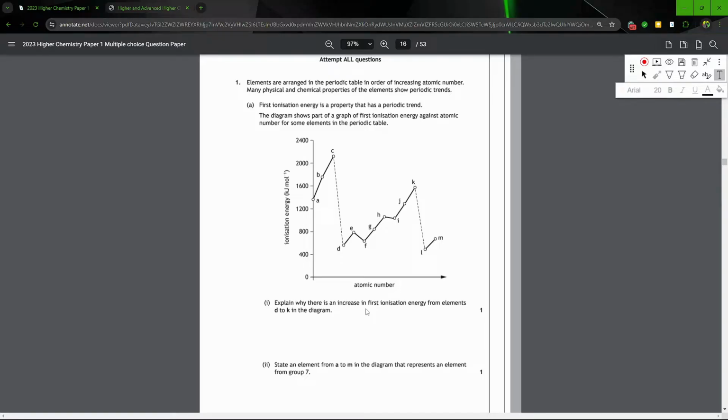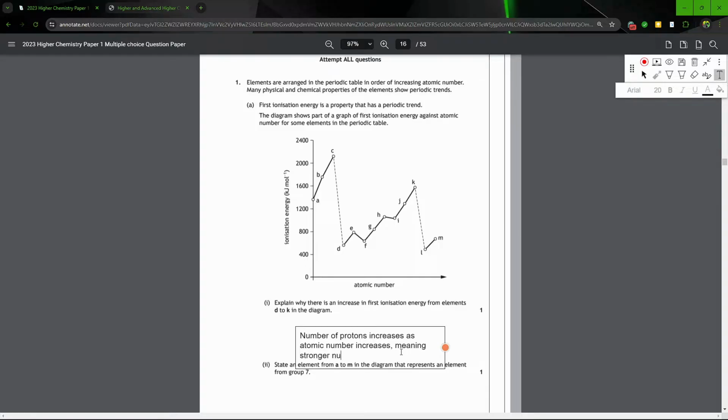Well, why is this? It's because the number of protons increases as atomic number increases. Increases, meaning stronger nuclear charge.